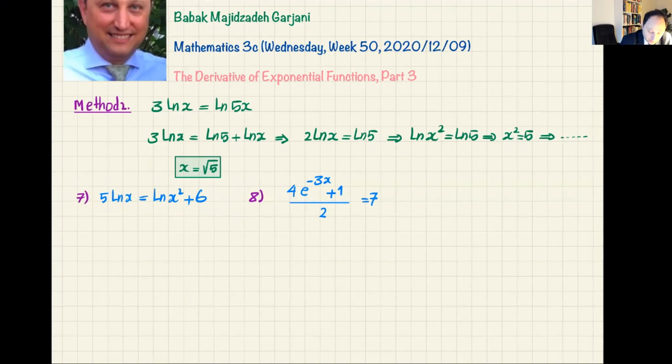And finally, number 9, ln of x plus 1 plus 2 ln of the square root of x plus 3, and then I have equals to 2 ln of x. Okay, so I will pause the video. I think I can wait for 10 minutes, and then I want you to solve them. I will come back and solve them, and then I will continue the lesson.